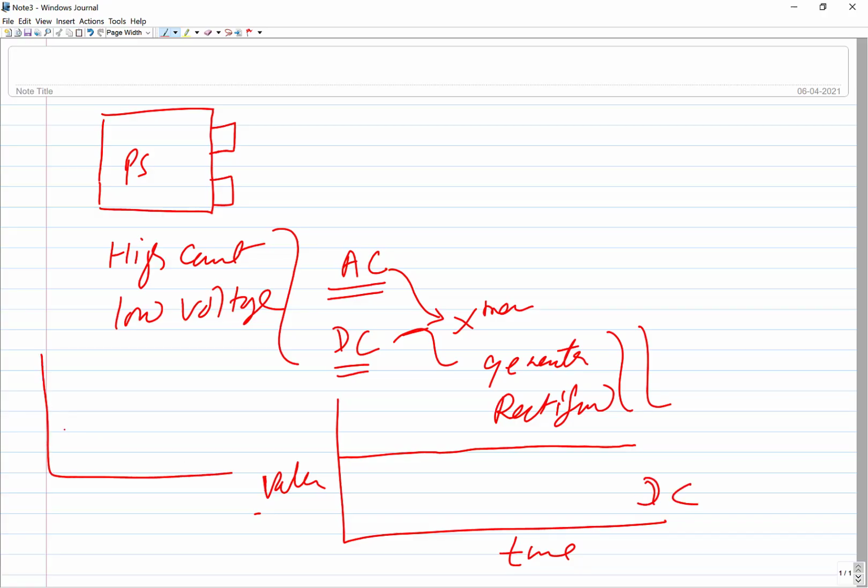And you know that in case of AC, a sinusoidal waveform is produced in which the current direction and its magnitude both fluctuate continuously. These pass through the zero values also, and then reach the peak side. So the direction and the magnitude of the AC current continuously keep on changing.